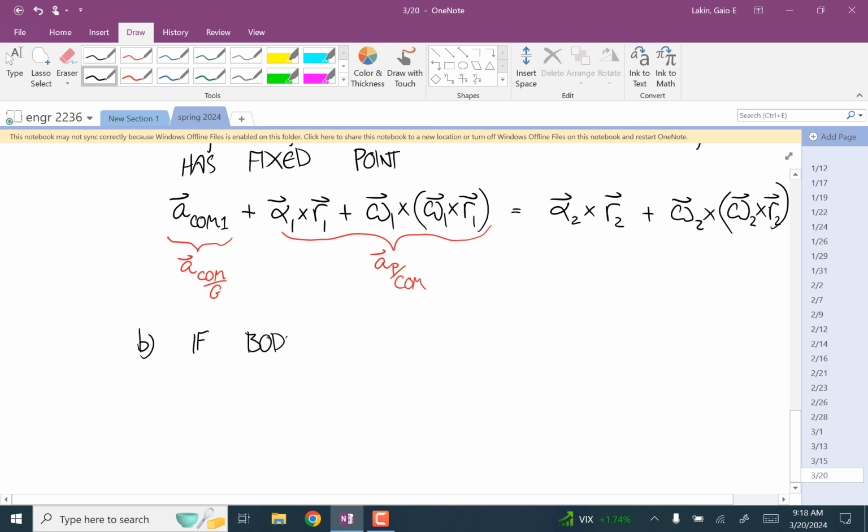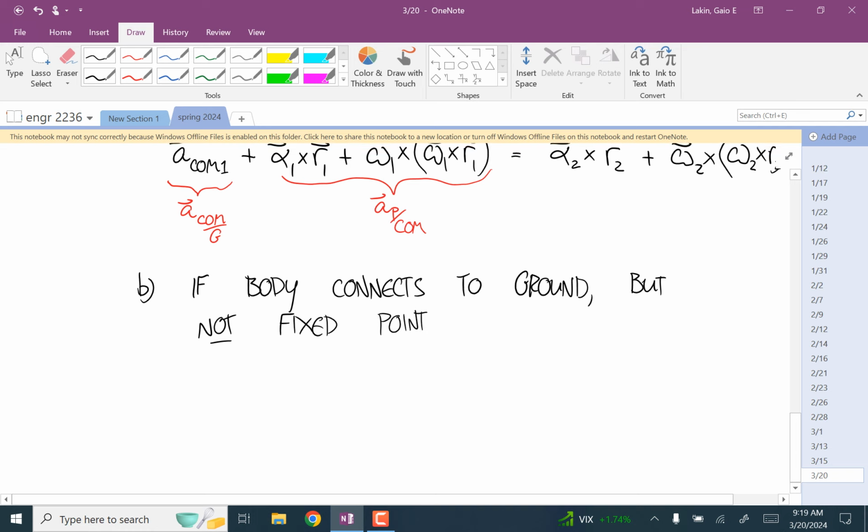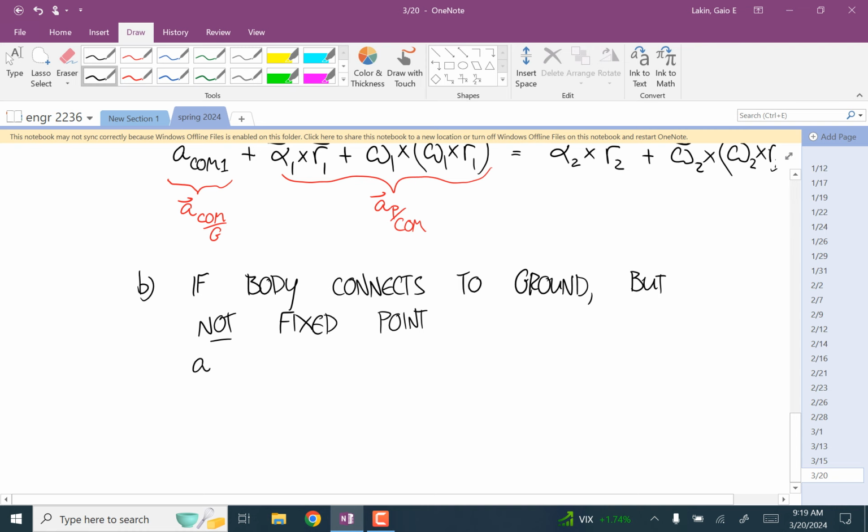If the body connects to the ground, but it's not a fixed point, then the acceleration of the body at that point has to obey the joint requirements.